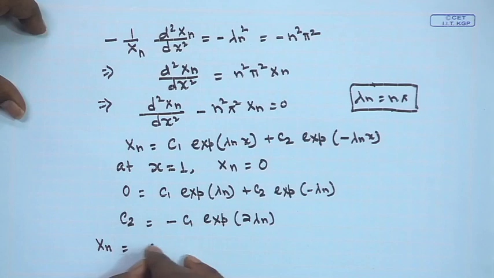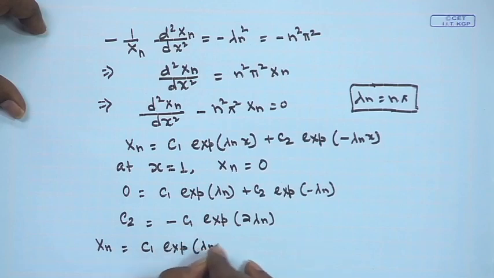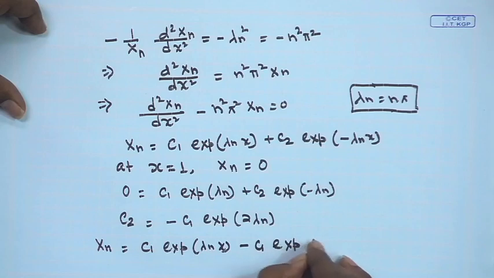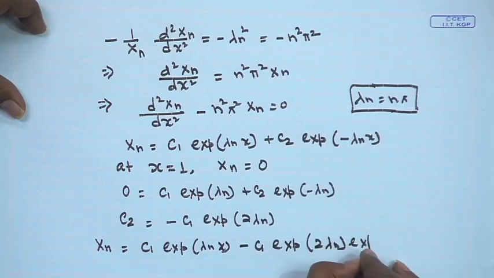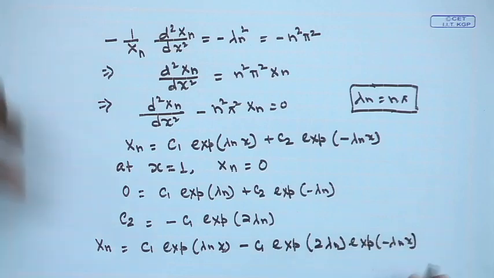So, C 1 exponential lambda n x, C 2 is minus C 1 exponential 2 lambda n exponential minus lambda n x. Okay.